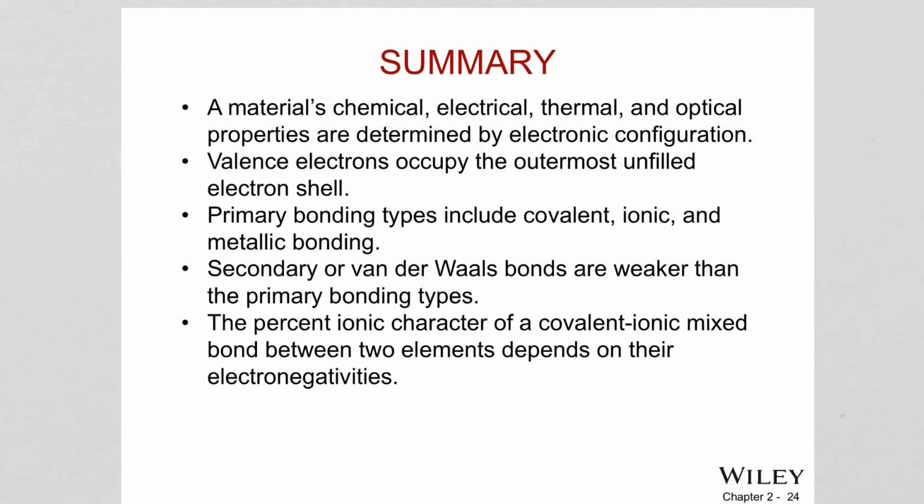So what we have learned is that properties are directly determined by the electron configuration. Valence electrons are very important because they take part in the formation of the bonds. And primary bonds are covalent, ionic, and metallic. Mostly these are interatomic.